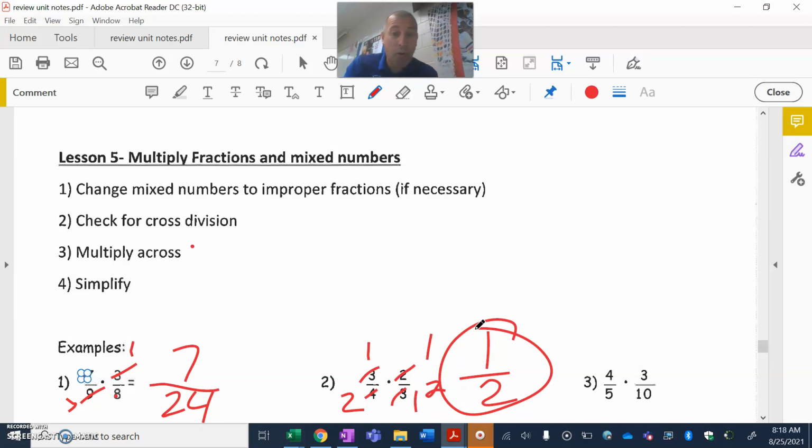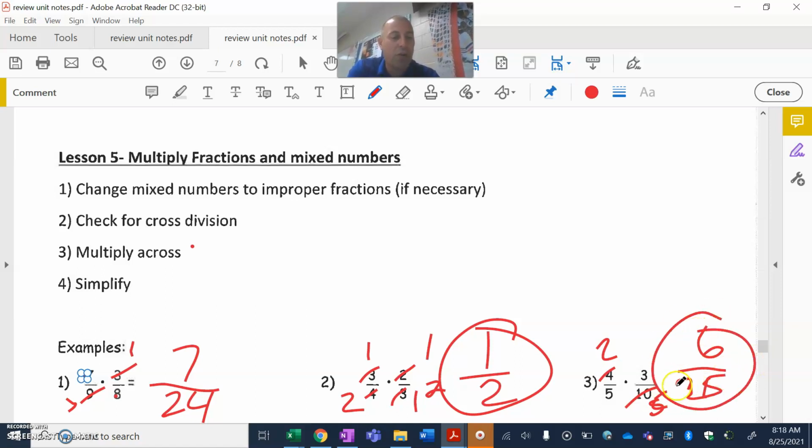Now, I can't divide them both by 4, but I can divide them both by 2. So it's not there. Like, I don't see a 2 there, but I can divide by it. So 4 divided by 2, 2. 10 divided by 2, 5. Anyway, multiply across. 2 times 3, 6. 5 times 5, 25. That's it.